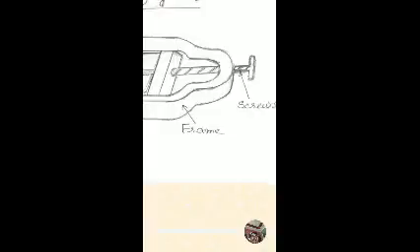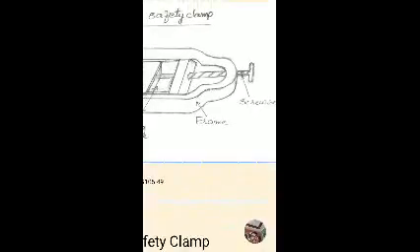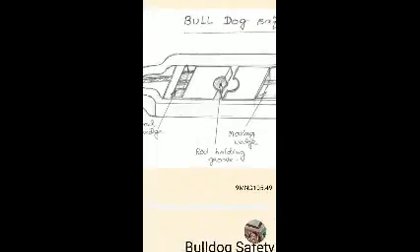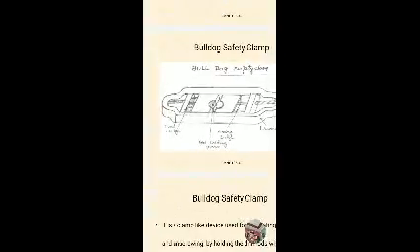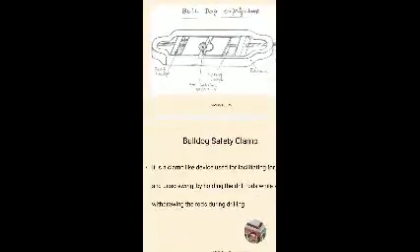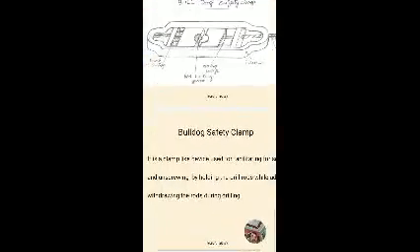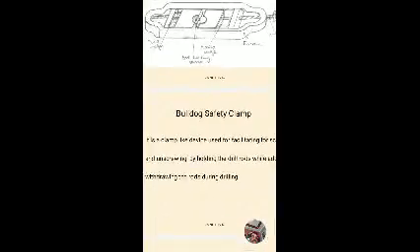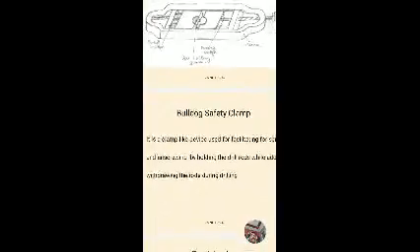If you screw or unscrew, this main wedge will go forward and backward. Here you are seeing a circular hole. A bulldog safety clamp is a device used for facilitating screwing and unscrewing by holding the drill rods while adding or withdrawing the rods during drilling.